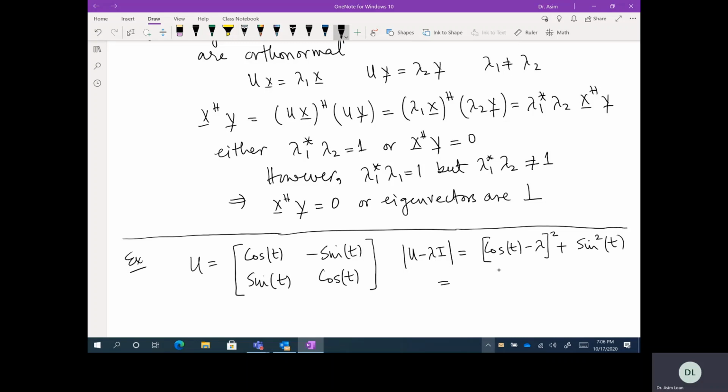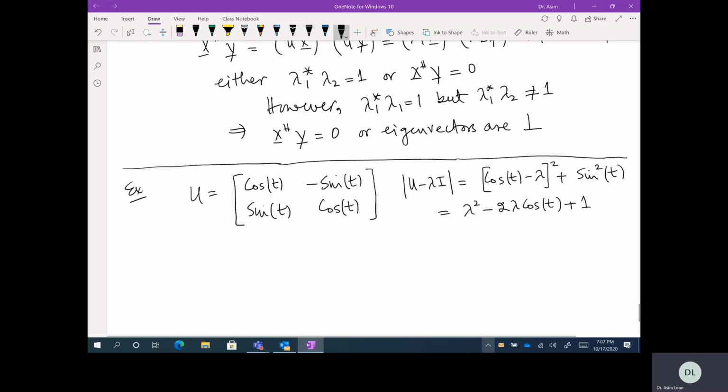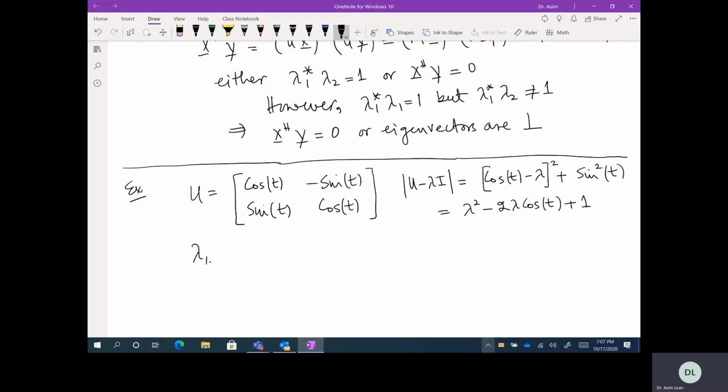So if I expand this, this will be lambda squared minus 2 times lambda times cosine of t plus cosine squared t plus sine squared t, which is equal to 1. So if I compute the eigenvalues, lambda 1, 2 using the quadratic formula is cosine of t plus or minus the square root of this.